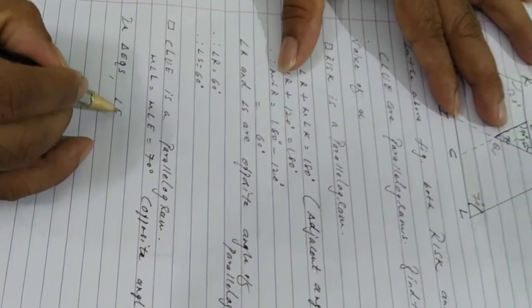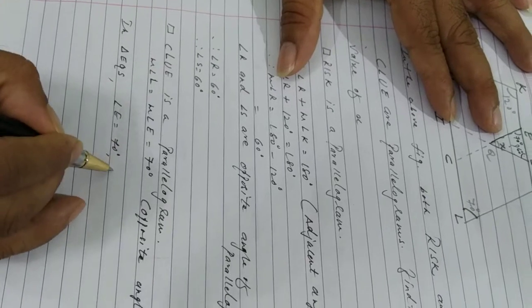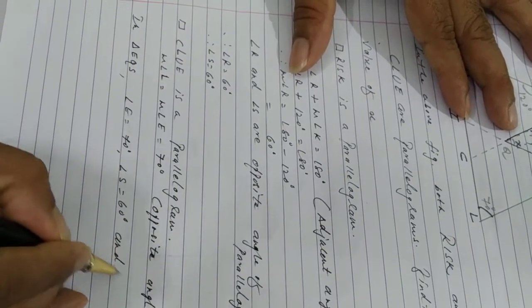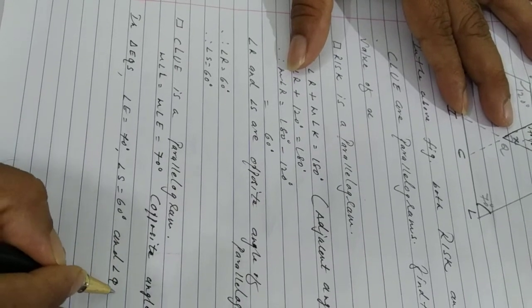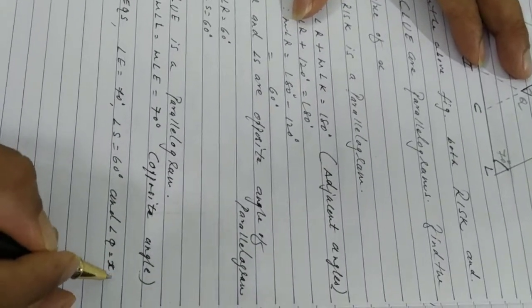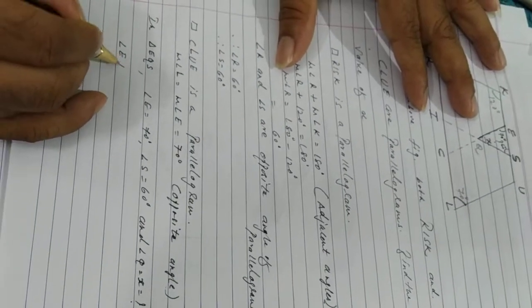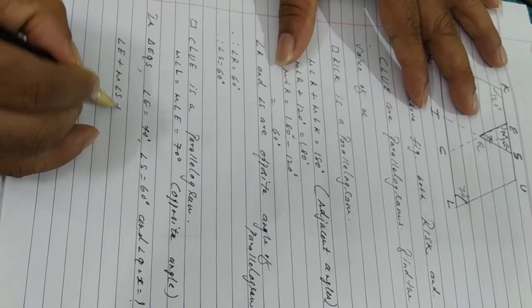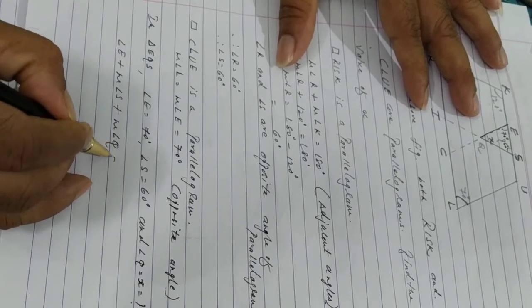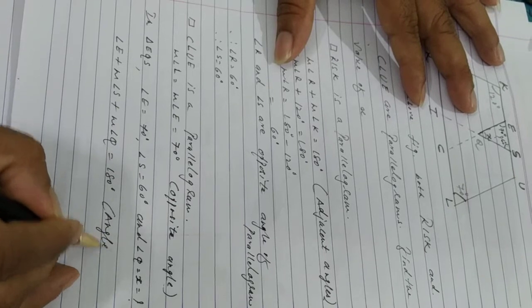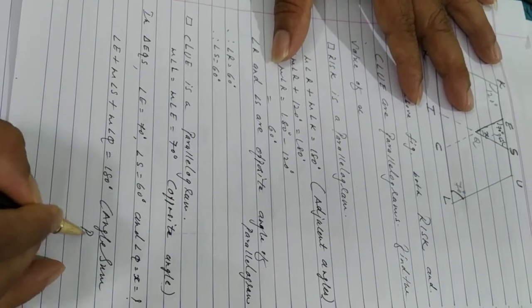In triangle EQS, angle E is equal to 70 degree, angle S is equal to 60 degree, and angle Q is equal to X. So measure angle E plus measure angle S plus measure angle Q is equal to 180 degree. This is the angle sum property.